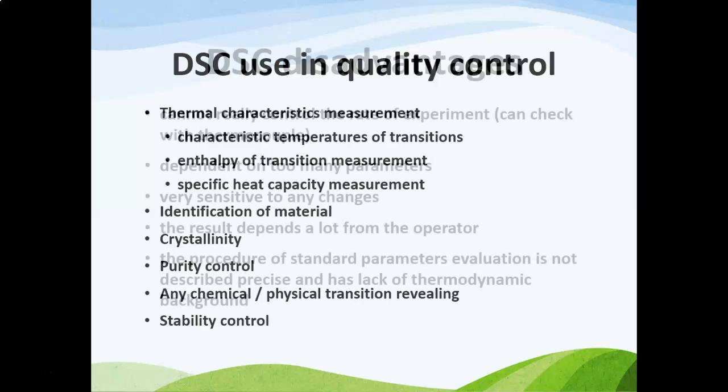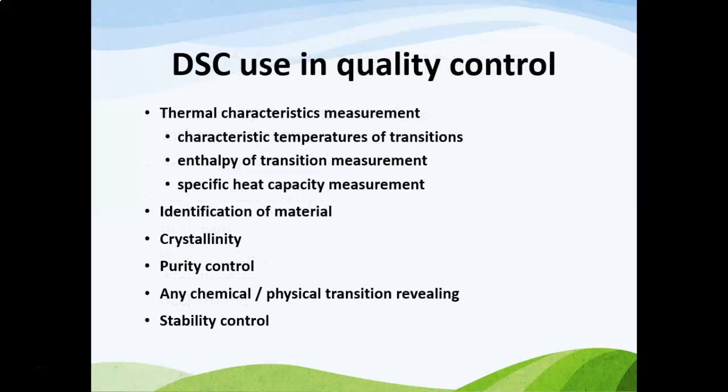DSC is used in quality control. It is very important if you work in the quality control department, because you need to characterize the thermal characteristics of the polymer or material.